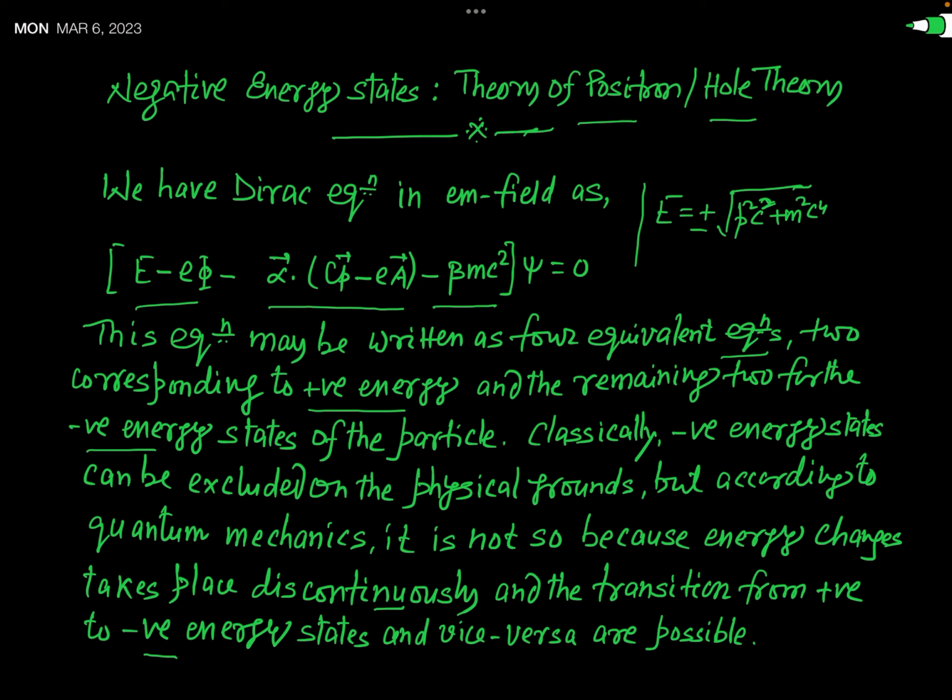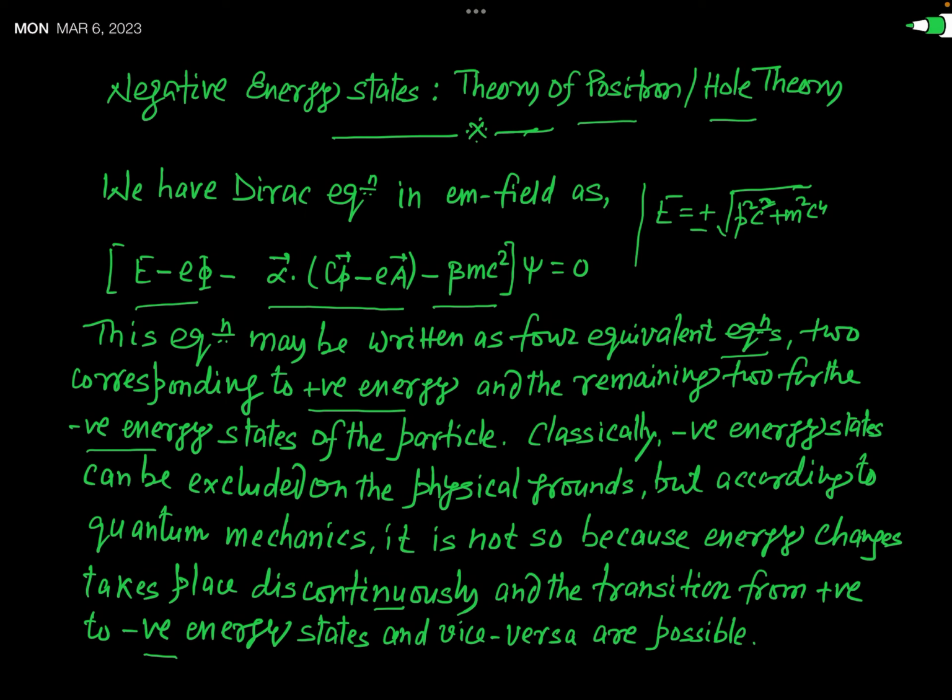In fact, we have seen that the negative energy solutions cannot be lightly brushed aside, since the positive energy solutions alone do not form a closed Hilbert space. So if it is necessary in quantum mechanics that the solutions form a closed Hilbert space, then you also have to consider the negative energy states along with the positive energy states.